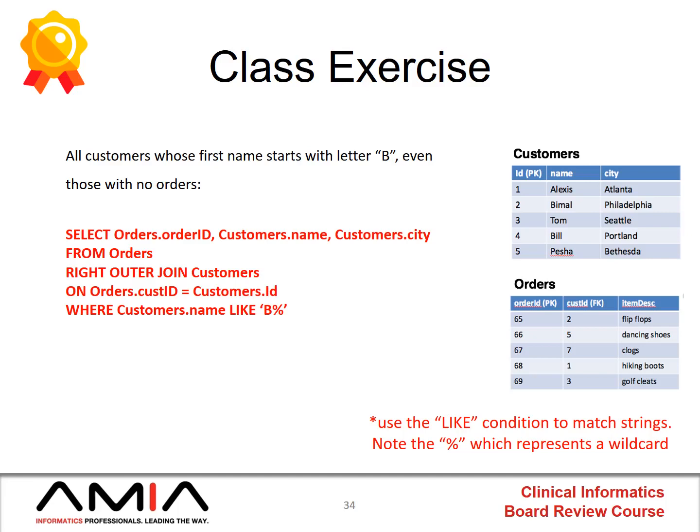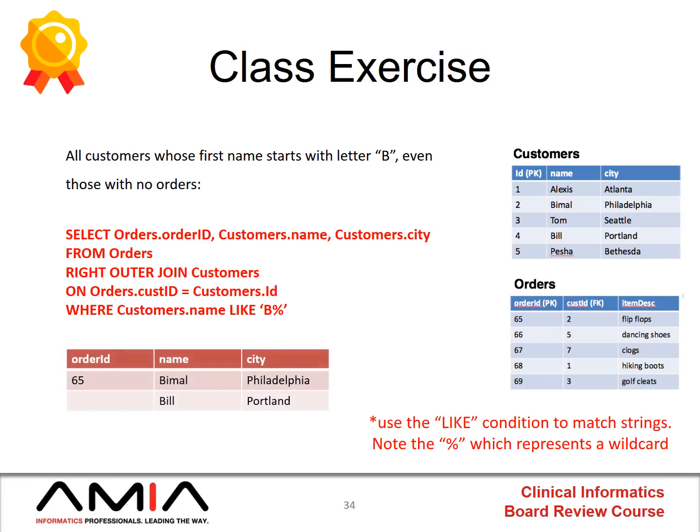And the only part that's different is now this like statement where customers.name like single quotes capital B %, single quotes. What that basically means is show me only the customer names that start with the letter B followed by any sequence of wildcard string after that. Capital B, by the way.